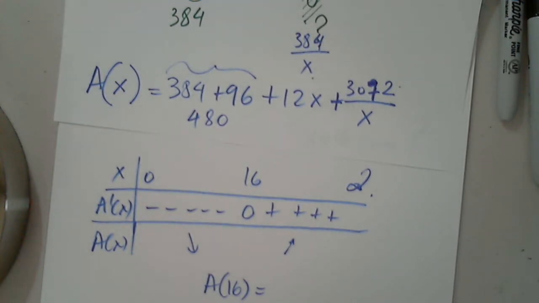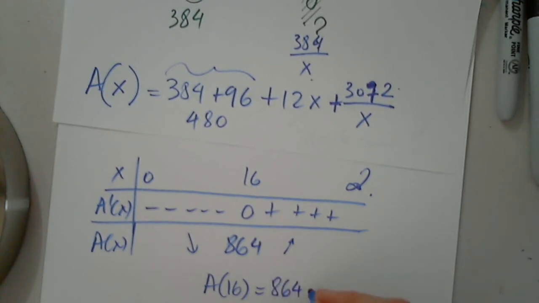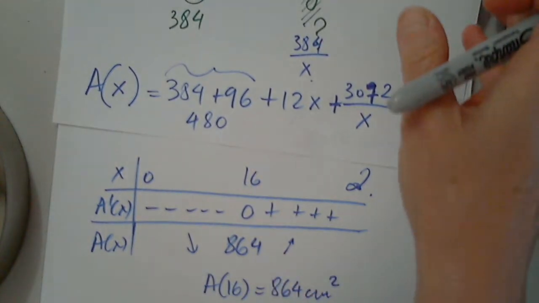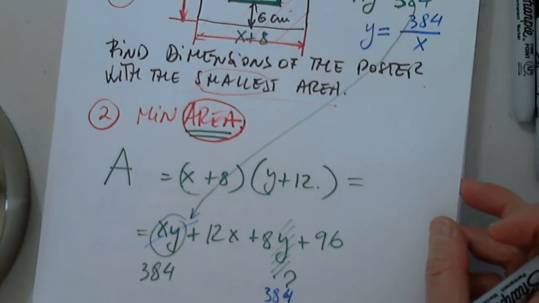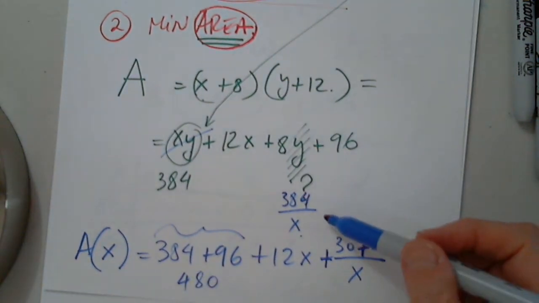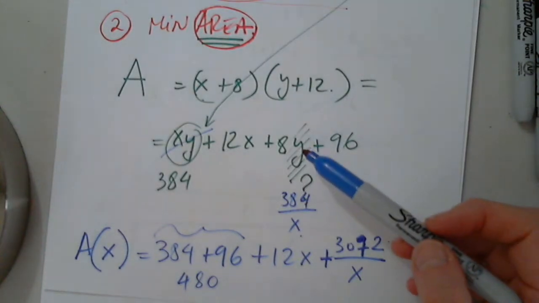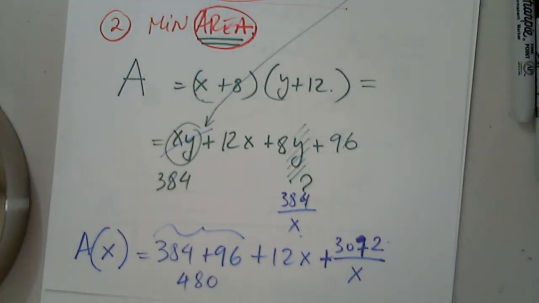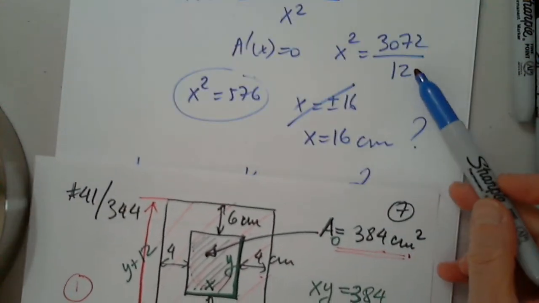I don't know. I was caught back on something else I was going to ask a question about. Yes, please. When we were finding x squared, it was 3072 over 12. So you would just divide that, and x squared is equal. When I put 3072 divided by 12, I got 256. Am I missing something? So say that again. So x squared equals 3072 over 12. Yes.